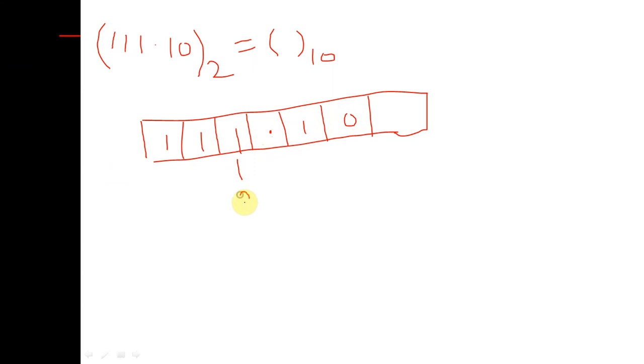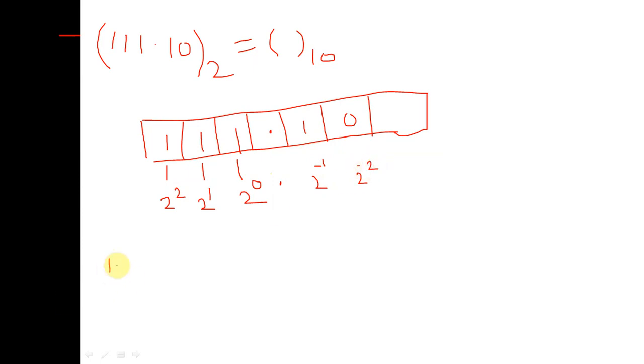The first bit is 2 raised to 0. The next bit is 2 raised to 1. And this bit is 2 raised to 2. This is the decimal point, and this one is 2 raised to minus 1, and this is 2 raised to minus 2.